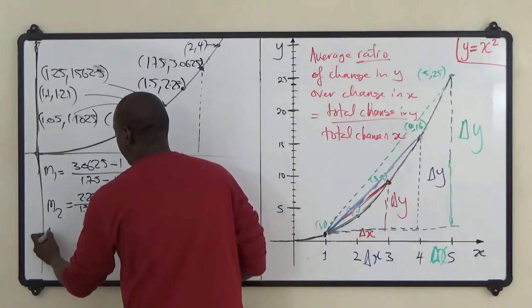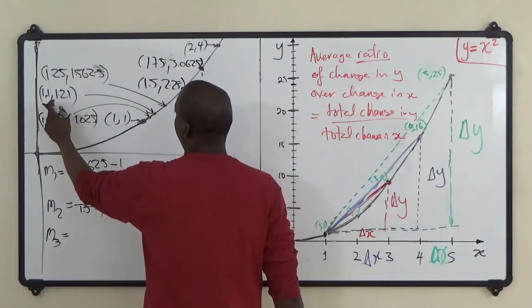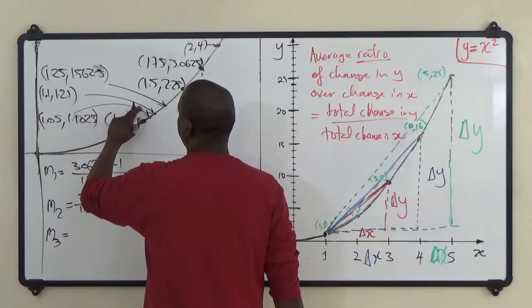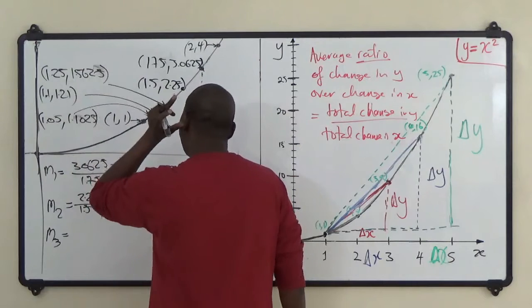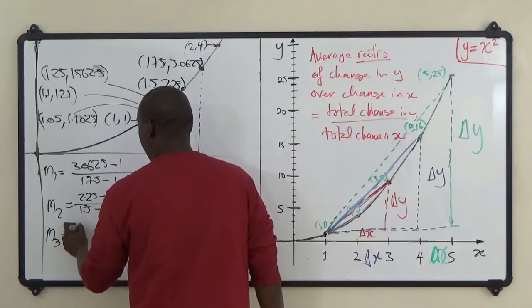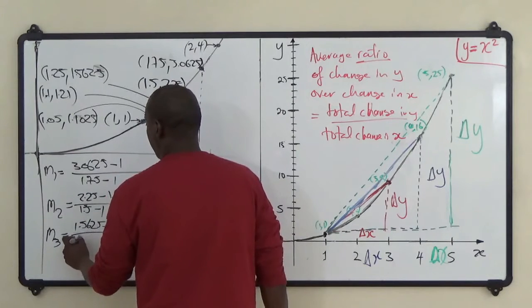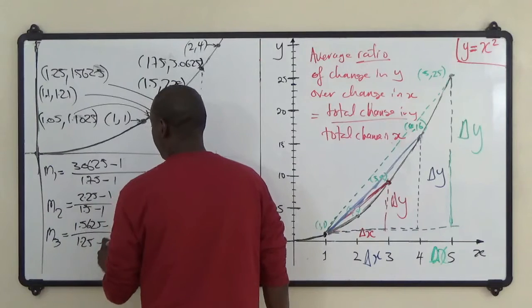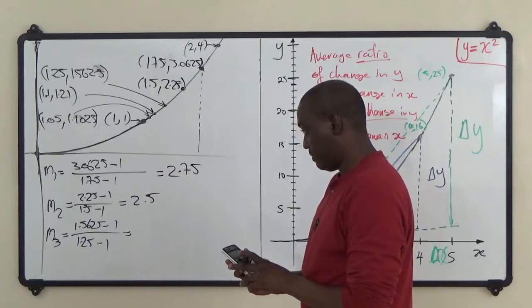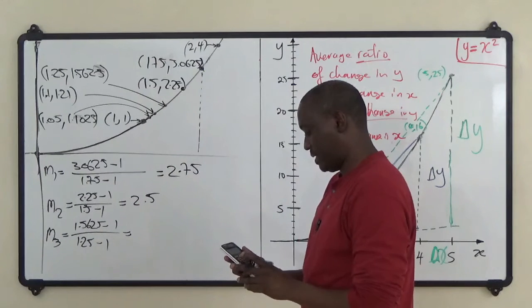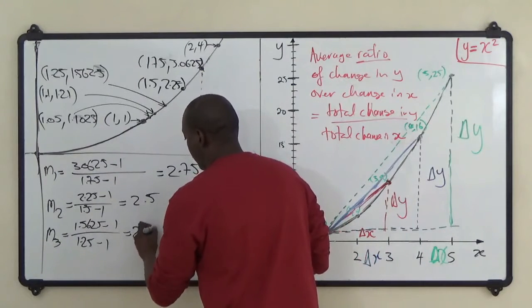Let me say M3 is equal to this guy here, right? 1.5625 minus 1 over 1.25 minus 1, and that's equal to 0.5625 divided by 0.25 equal 2.25.